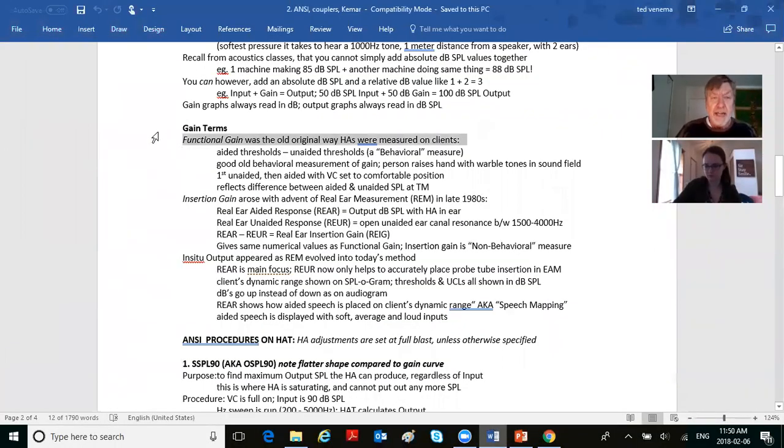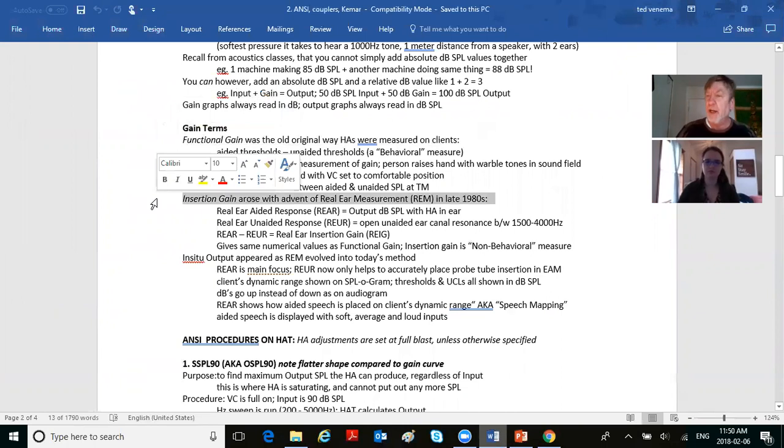So gain terms, functional gain, the old way, insertion gain, the newer way. Hey, the fitting methods didn't change. Please remember that. When asked on a quiz, fitting methods totally changed with the advent of real ear. True or false? False. What changed was the method of verification.